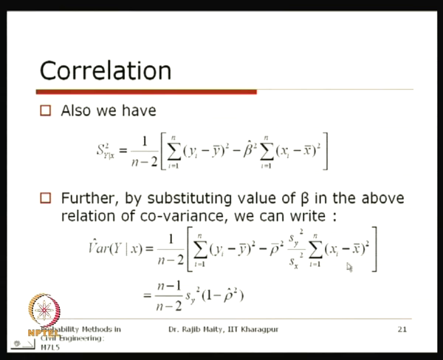The s_x part we can relate to the s_x square variance, since this divided by n minus 1 gives you the estimate of s_x square. The final expression we get is that the conditional variance of y given x equals n minus 1 by n minus 2 into s_y square into 1 minus rho hat square.